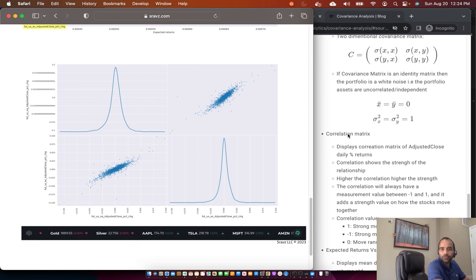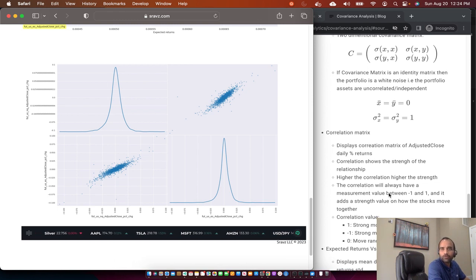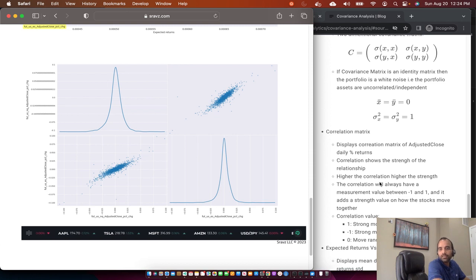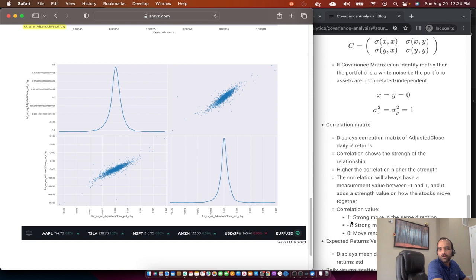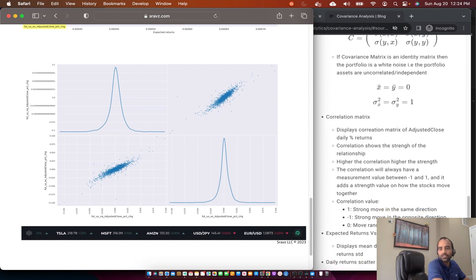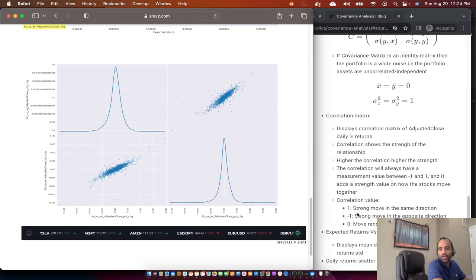So correlation is more standard way of deciding if two or more assets have a relation between each other and how strong it is. If it is 1, then they strongly move in the same direction. If it is -1, they move in the opposite direction. 0, they move randomly.